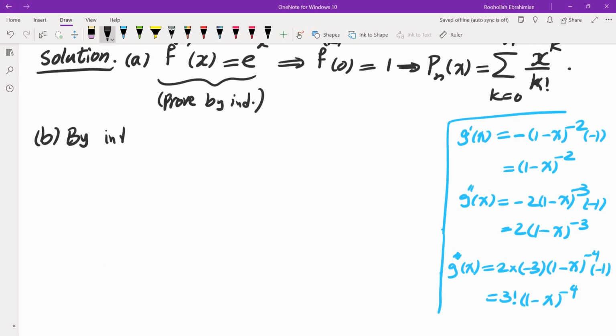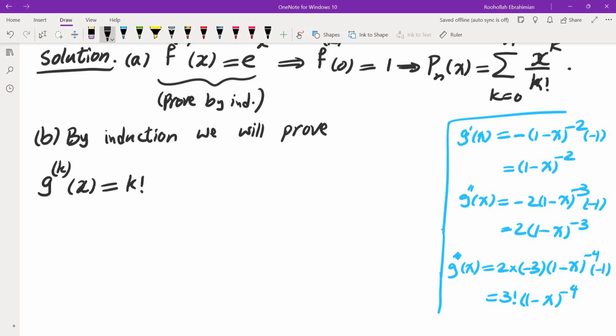By induction, we will prove that g k of x is equal to k factorial times (1 minus x) to the power of -k minus 1.